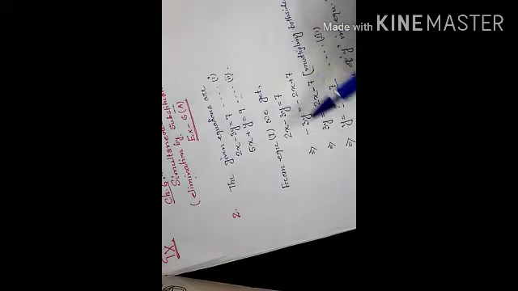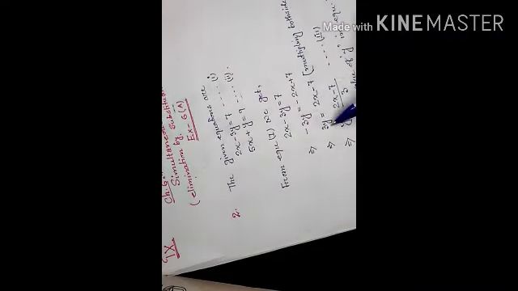From equation 1 we have 2x minus 3y equal to 7. That means we can write 3y equal to 2x minus 7. From this one we get y equal to this.